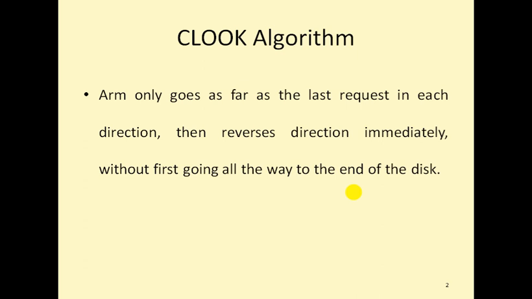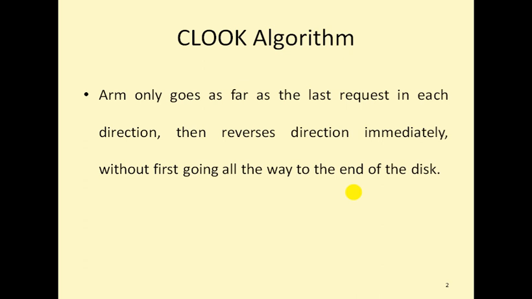Okay, it reverses the direction, and within that direction it doesn't accept any request, but it directly goes to the last request in the opposite direction. That is the only difference between the LOOK and CLOOK algorithms. In the LOOK algorithm, after reaching the maximum request in one direction, it changes the direction and visits all the requests in the opposite direction.